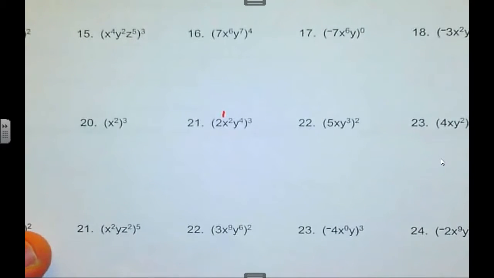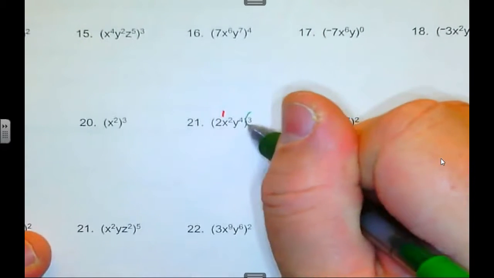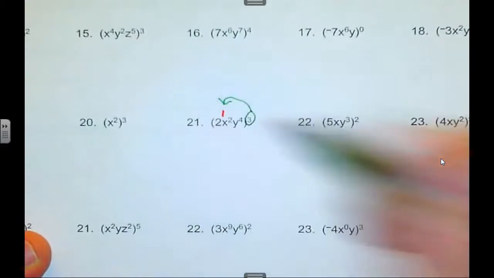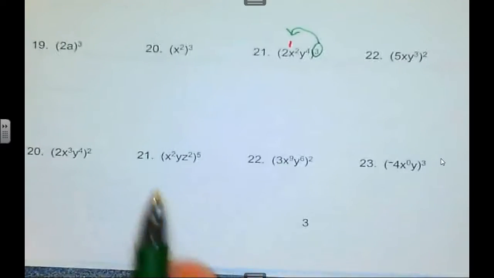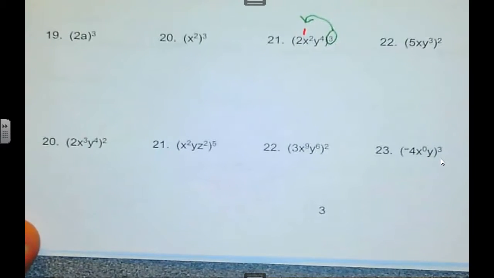I'm just going to distribute that 3. The other 21. Oh, this 21? Okay. You didn't specify which 21.